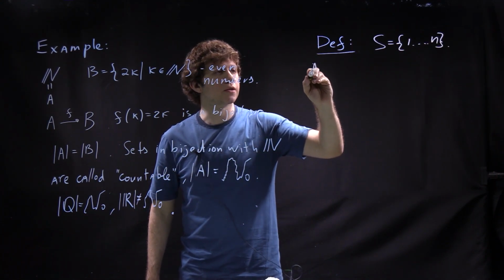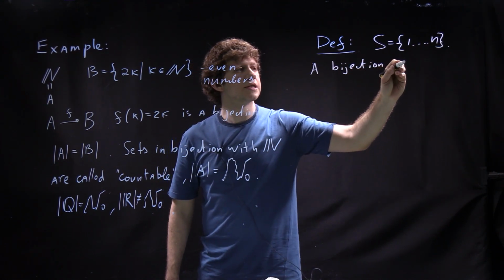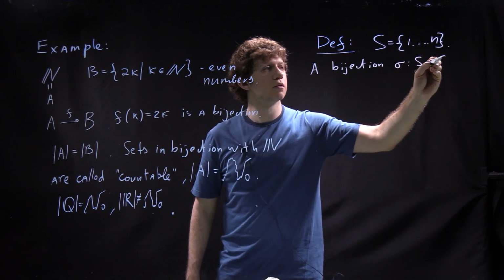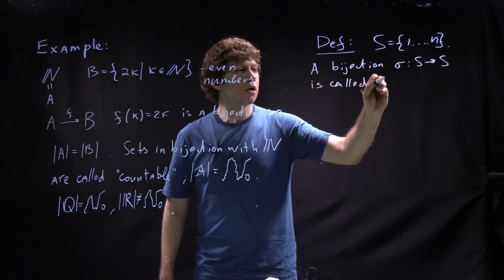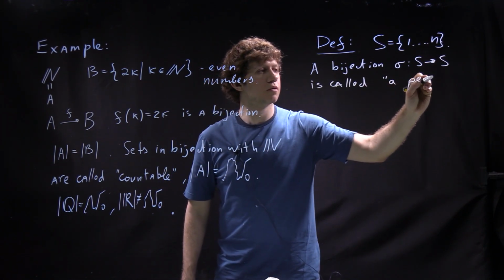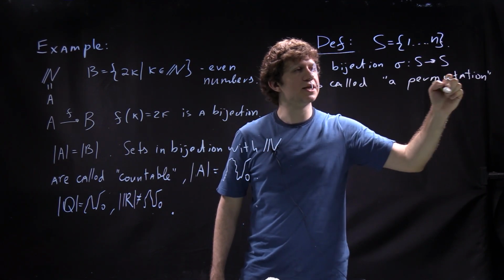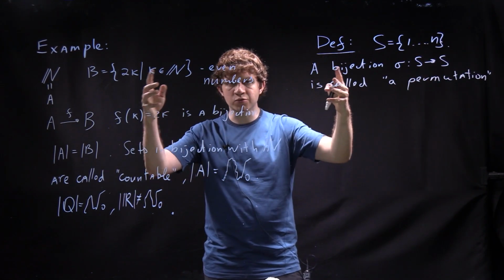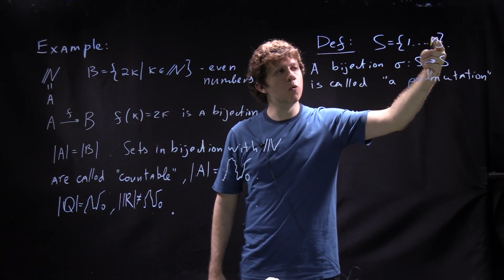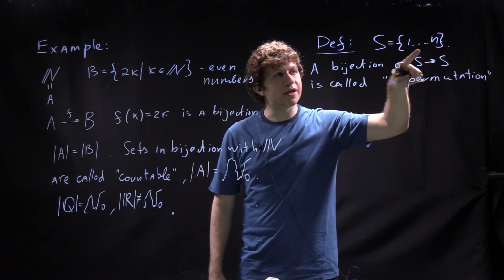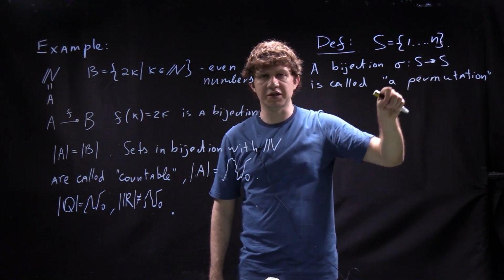A bijection sigma from S to S is called a permutation. It's very important that it's not just a bijection between two sets with n elements, it's a map from the set to itself. So you have the same labeling of elements in the source and the target of this map.